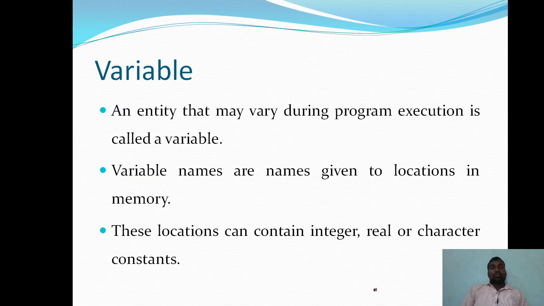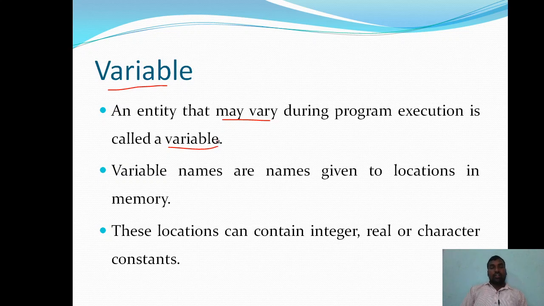Now it's time to discuss variables. Till now we have discussed constants. Constants are the entities or values that cannot be changed. Now coming to the variable, an entity that may vary during the program execution we call a variable.